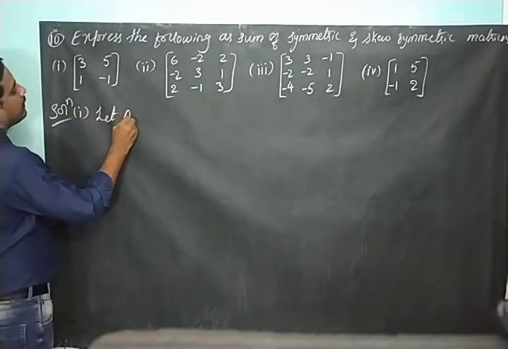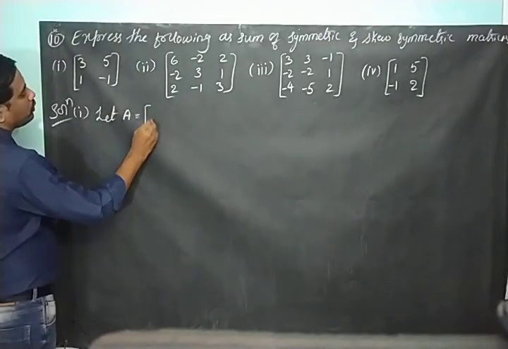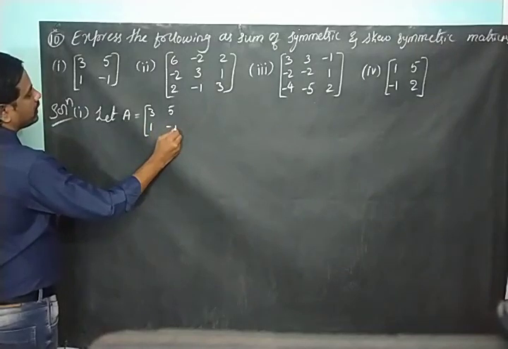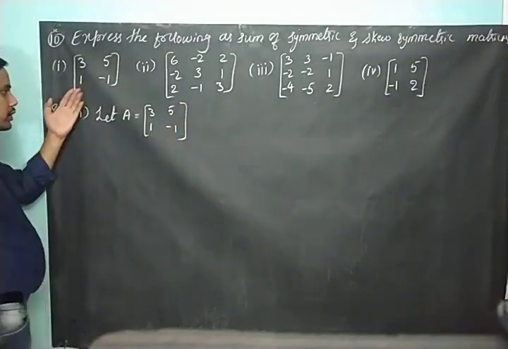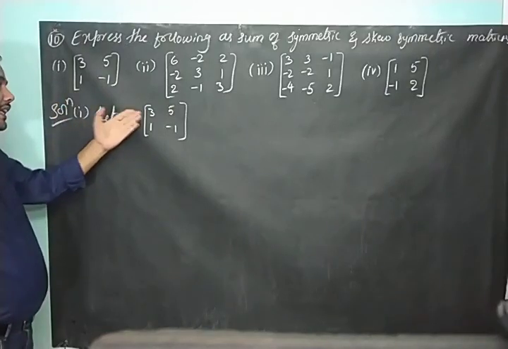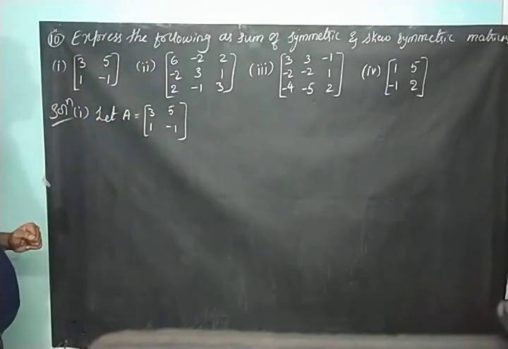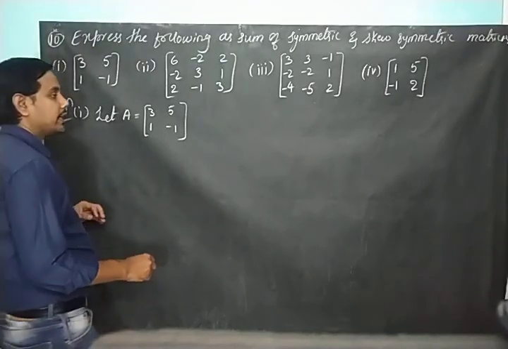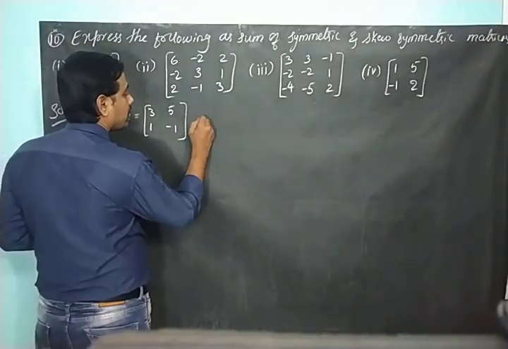Let A is equal to 3, 5, 1, minus 1. So first one, we will take this matrix as A. Right? Now what will be A transpose?